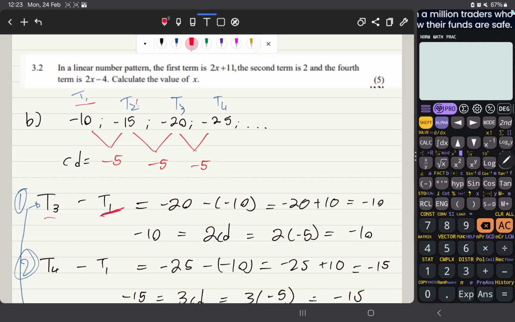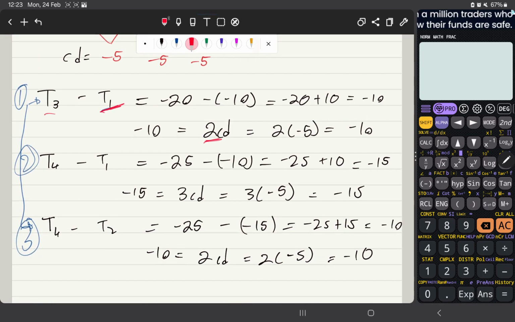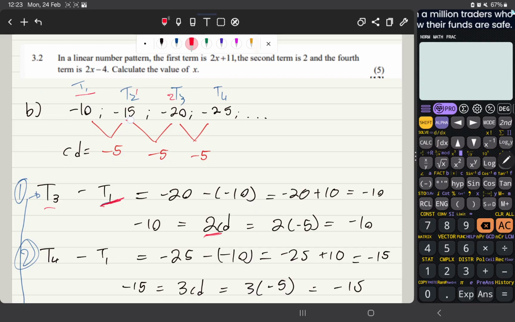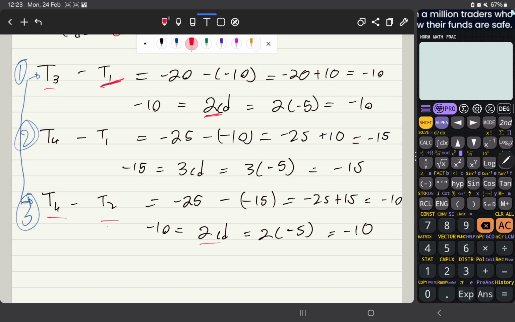That's 1 and 2, and then we have 2CD. Number 2 is going to be the same with T4 and T2. From T2, how many terms will I count to get to T4? It's going to be 1 and 2, so that is why here we have 2CD.